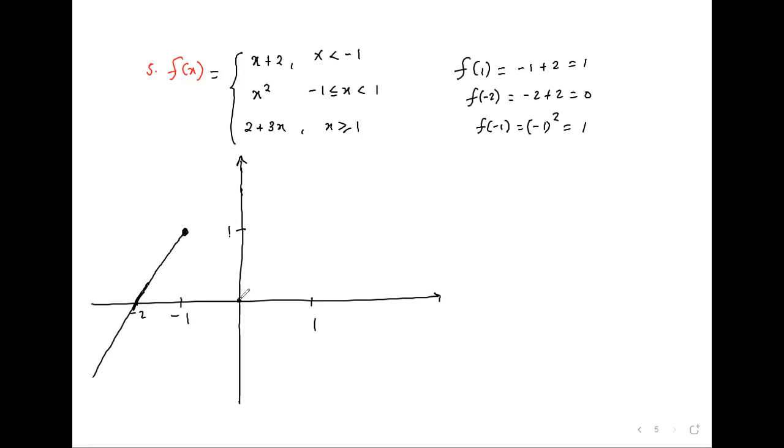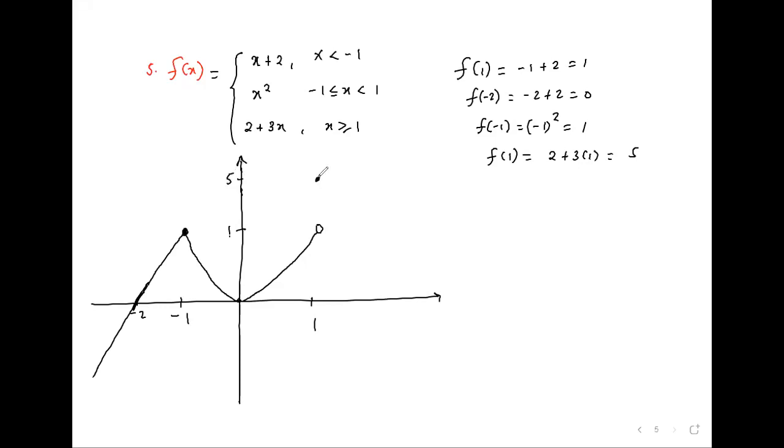If x is 1, you get 1 squared. So we have something like that. Then if you pick 1 and put it in 2 plus 3x, we get 5. So the result is 5.